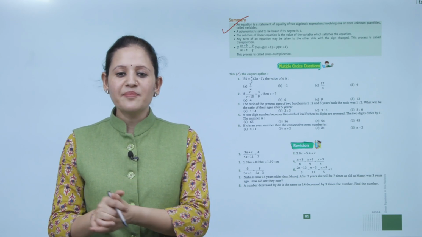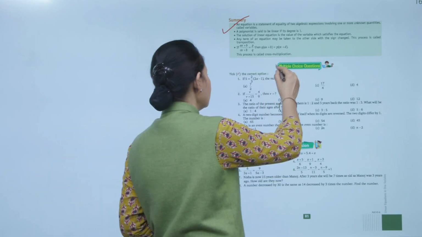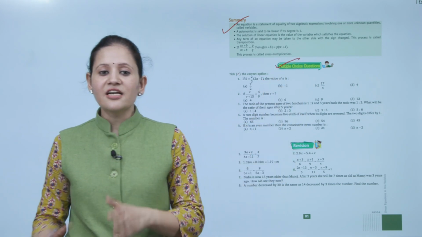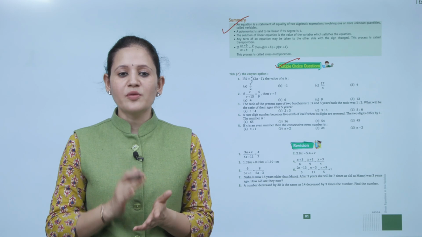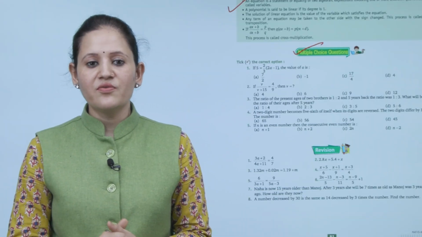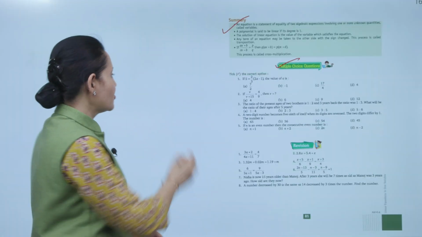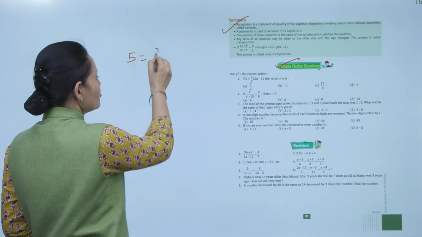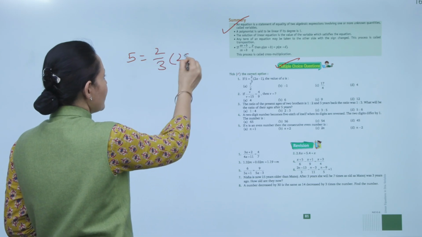Next is multiple choice questions. Take the correct option. If 5 equals 2 upon 3 into (2a minus 1), we have to find the value of a. So 5 equals 2 by 3 into (2a minus 1).